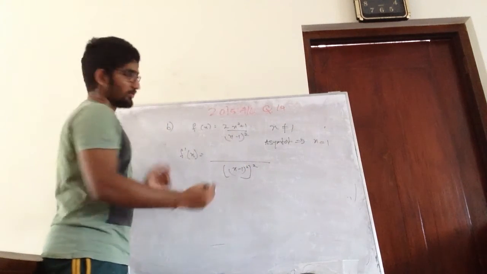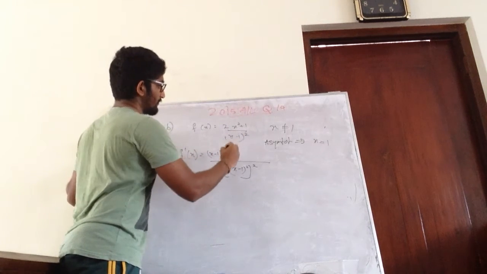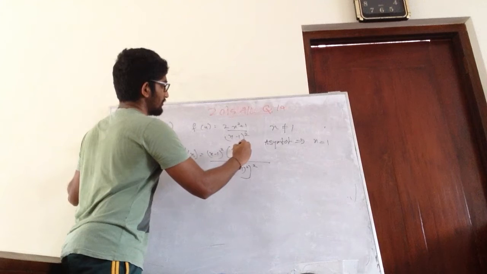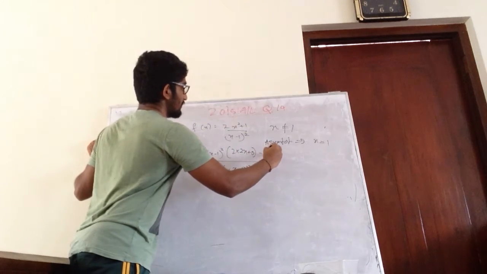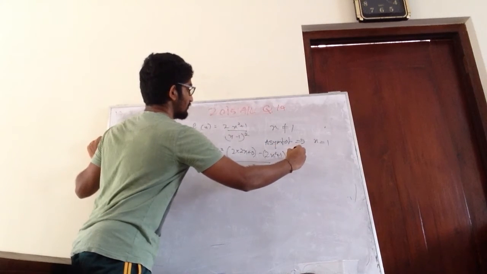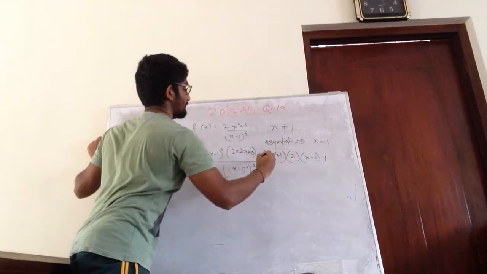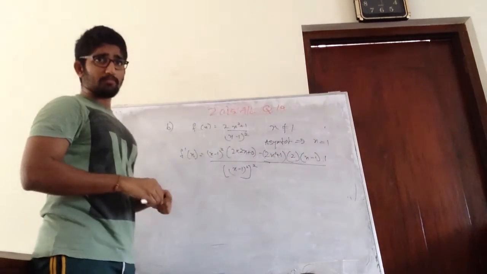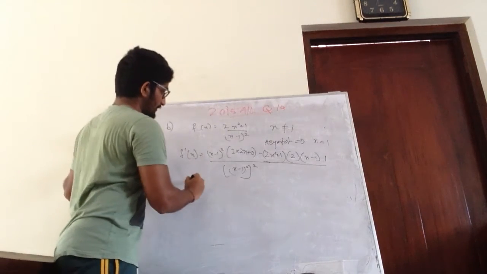Then x minus 1 squared, then differentiate this, that is 2 times 2x plus 0 minus 2x squared plus 1, to differentiate this is going to be 2 x minus 1 into 1. Correct, no?